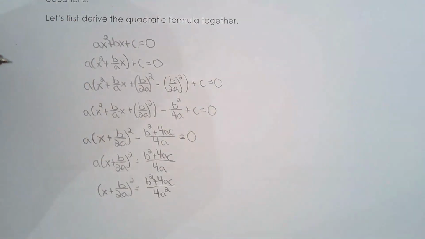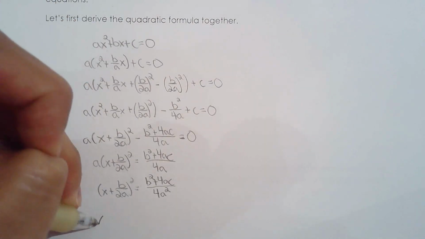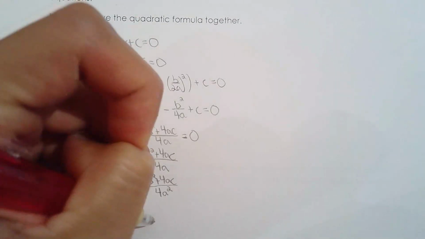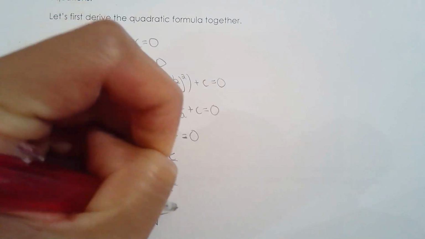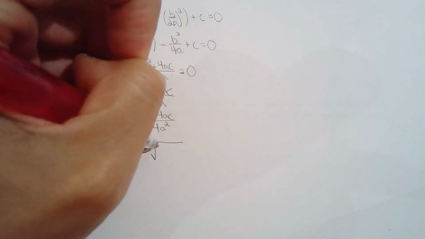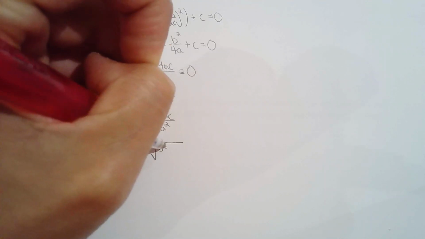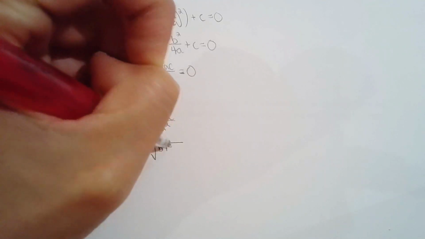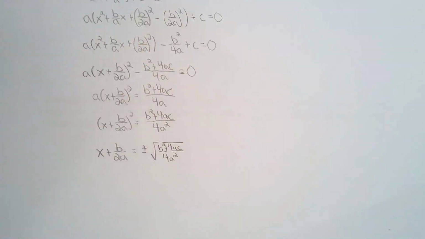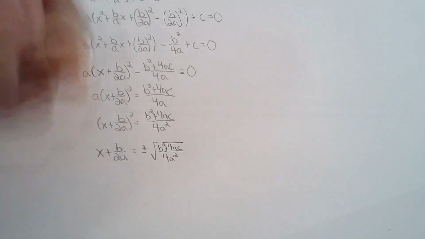And now you're going to square root both sides. Be careful: when you square root both sides, it's going to be plus or minus. I'll talk about why it makes sense to do plus or minus here, but let's just write that down first. We'll do some examples with real numbers, so it'll be very clear why plus or minus makes sense. And then let's isolate x.